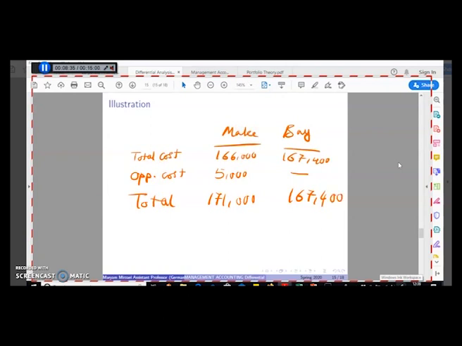So at this time, I will decide to buy the product based on the new information, because the cost of the product, if I make it internally, will be more compared to buying it directly from a supplier.